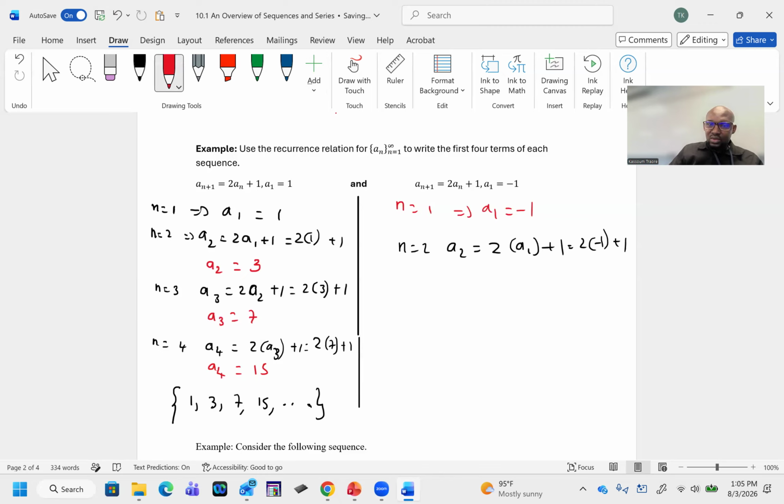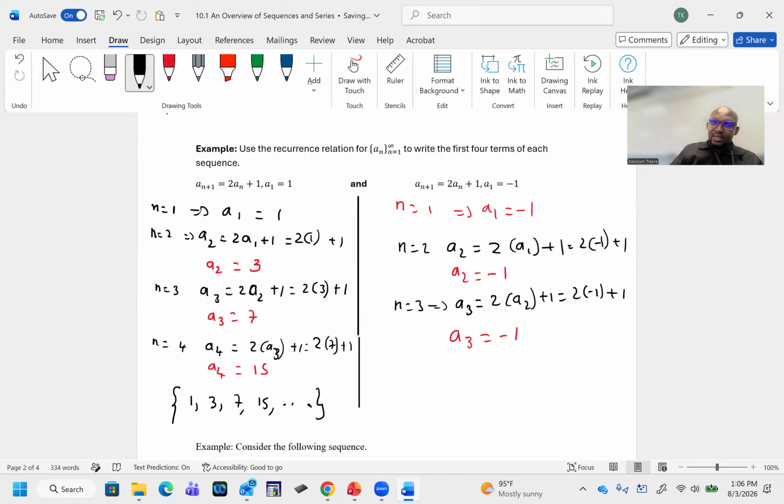So A2 is -1, right? When n is 3, A3 also will be 2 times A2 plus 1, which is 2 times -1 plus 1, which is also -1. So A3 also will be equal to -1.